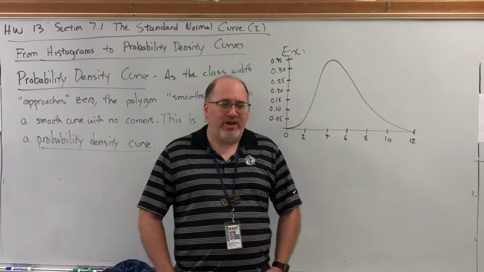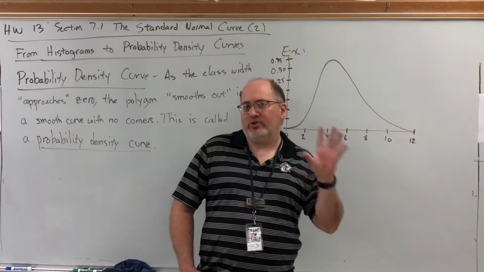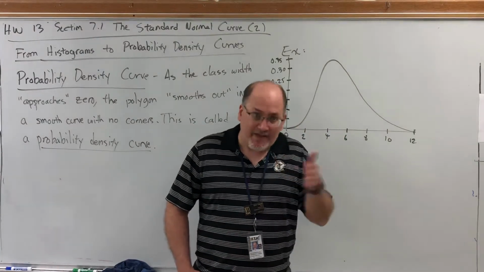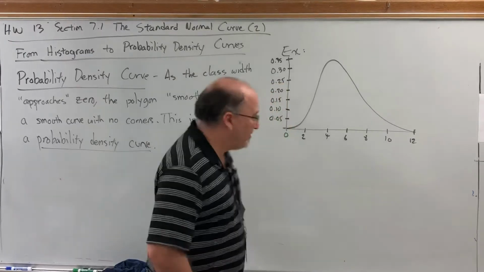That also means that if you select a value at random, there's a 35% chance or a 35% probability that it would be in that particular class.